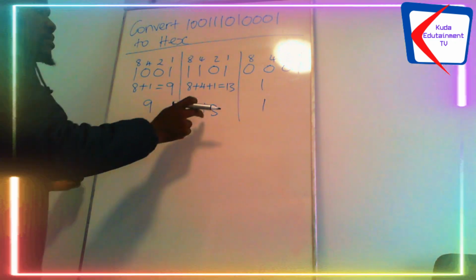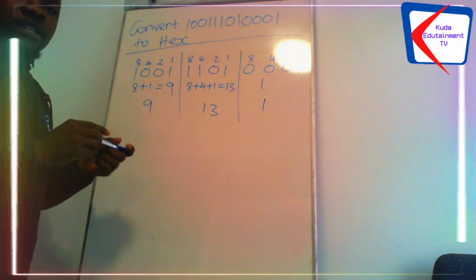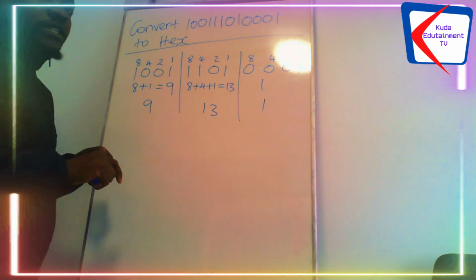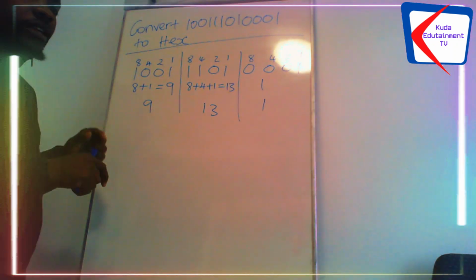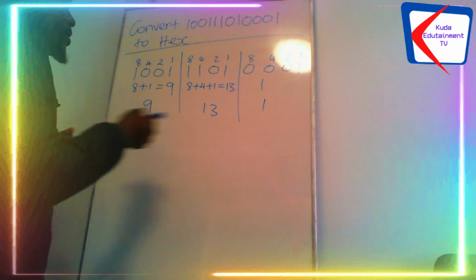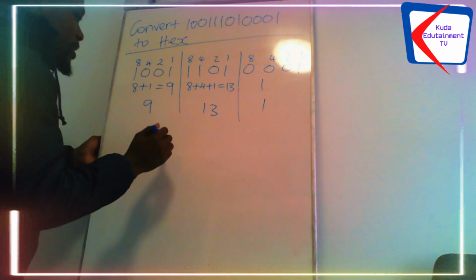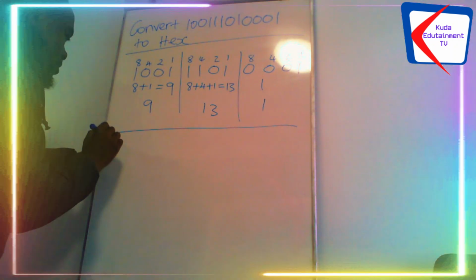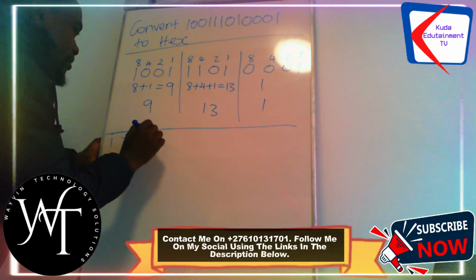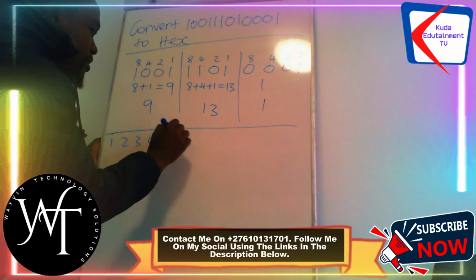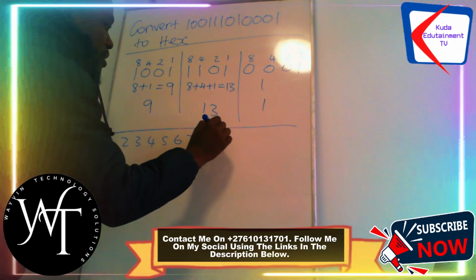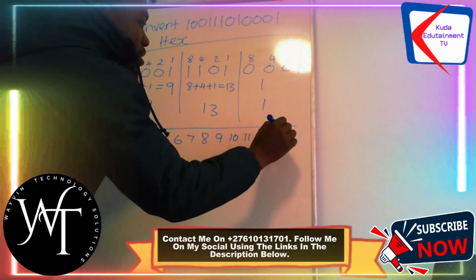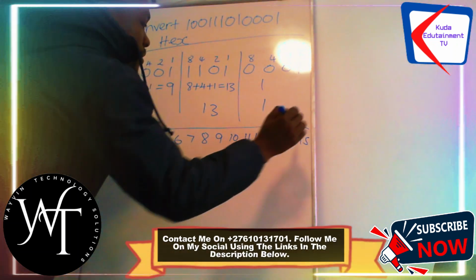Instead of writing 13, remember we said that in hexadecimal we don't need 2 elements to represent a character. We only need 1 element. So we use this hexadecimal table: 1, 2, 3, 4, 5, 6, 7, 8, 9, 10, 11, 12, 13, 14, and 15.